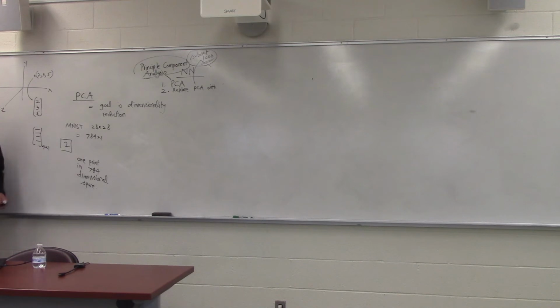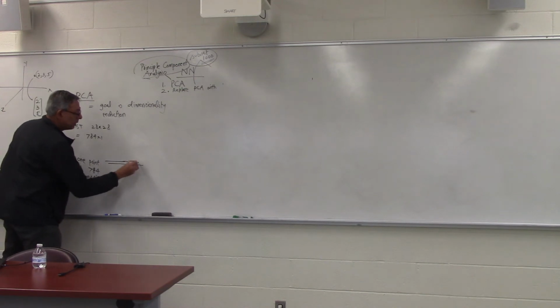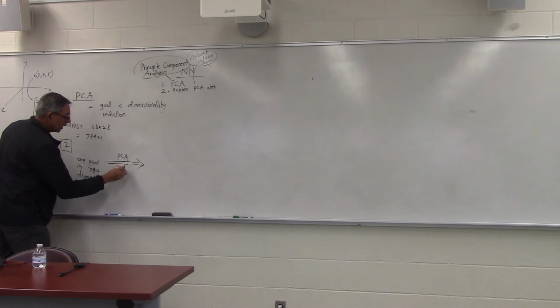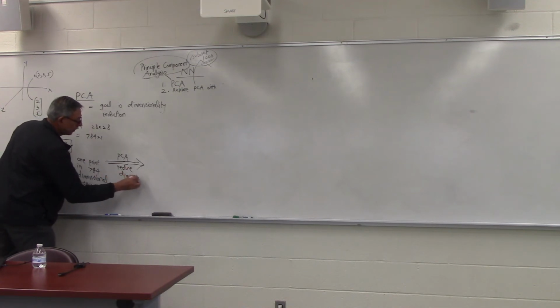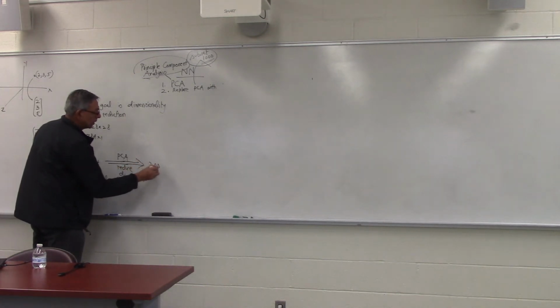Okay, so what the PCA is going to do is reduce these 784 dimensions. So if we apply PCA, it will reduce the dimensions to, for example, 200 dimensions.